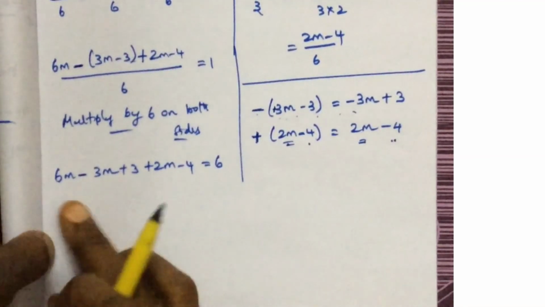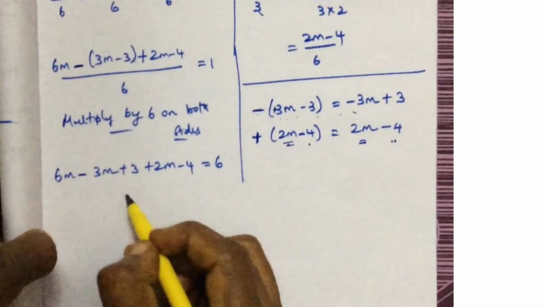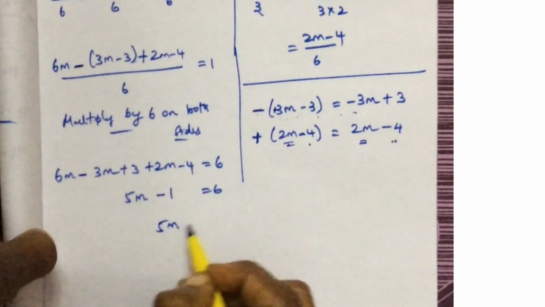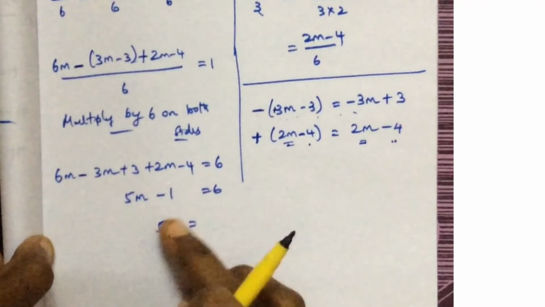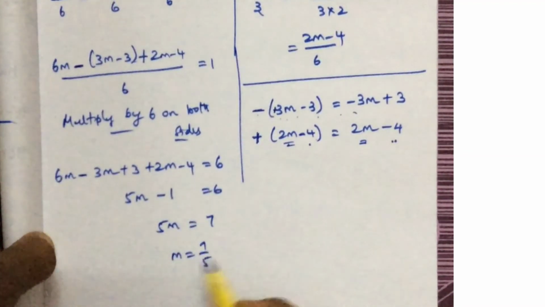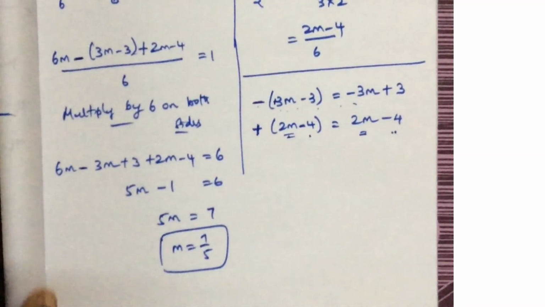Now, 6m minus 3m plus 2m is 5m, minus 1, that is equal to 6. 5m is equal to 6, this 1 will go to this side and becomes 7, so m equals 7 by 5. This is the answer.